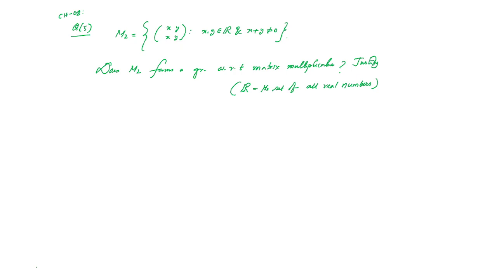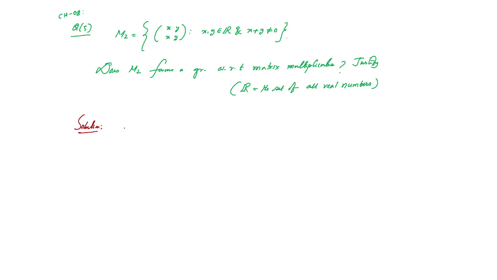Now we come to the solution. How do we show if it is a group? We check closure, associativity, existence of identity and inverse. The argument is similar to the previous problem.